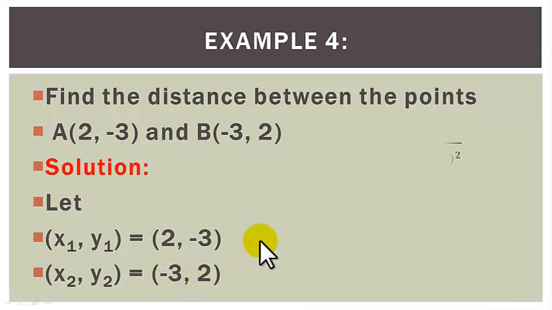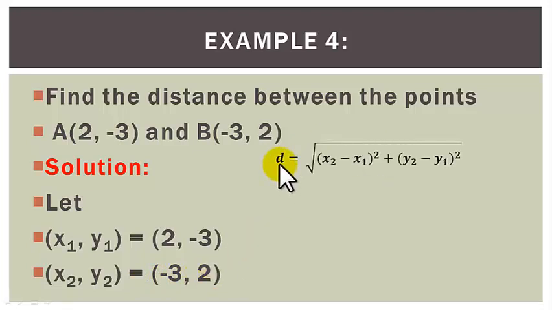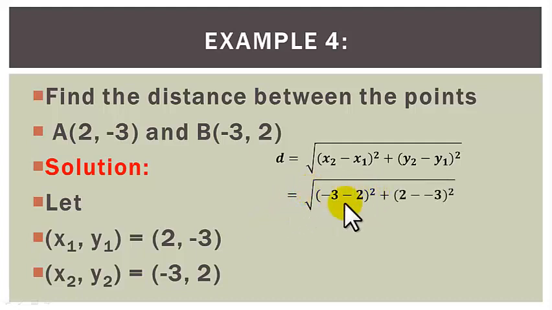Now, let us recall our distance formula as D equal to the square root of (x2 minus x1) squared plus (y2 minus y1) squared. Now, putting in the values of x1, x2, y1, y2 here, we obtain D equal to the square root of x2 is minus 3, while x1 is 2.